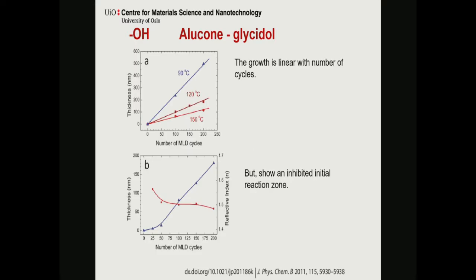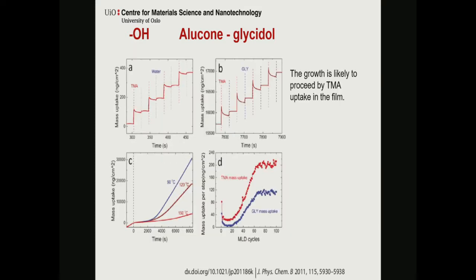Again, you have a growth rate that drops with higher temperature, and you have an inhibition in the growth in the beginning, and you also see these spiked features on the TMA, not for the anion in this case. Look at this feature here. You have a lag in the beginning and then it takes off. Try to remember this graph here.